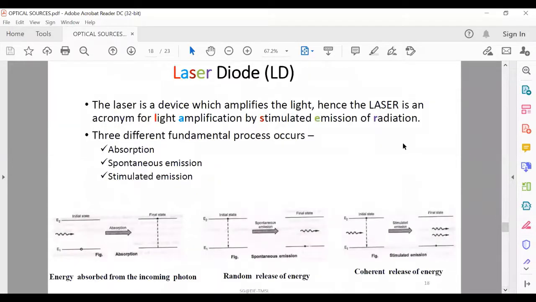Now coming to the laser part, the laser diode. What is that? Laser stands for light amplification by stimulated emission of radiation, and it is a device which amplifies light.